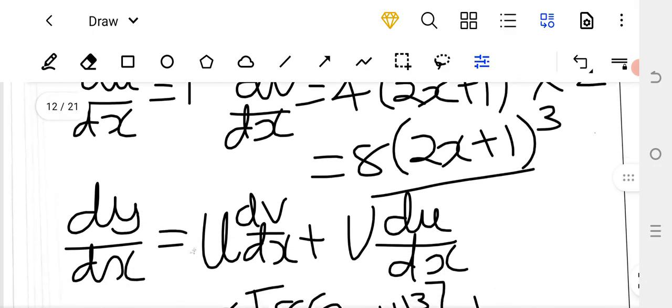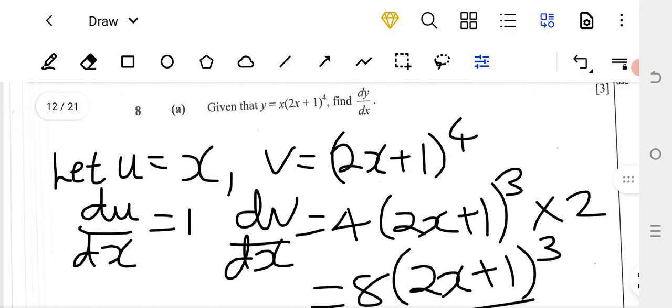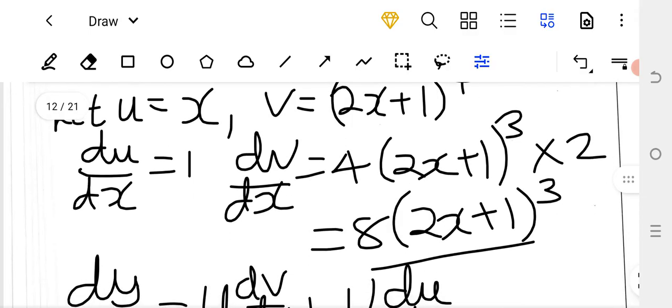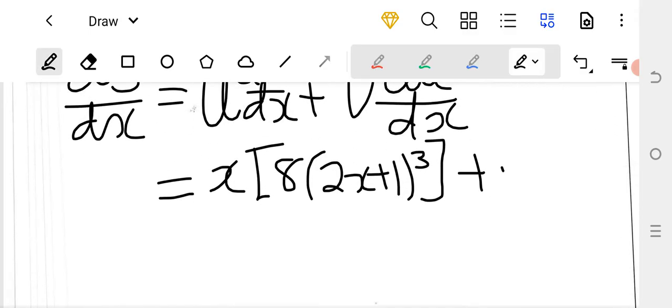To continue, for our v, it's 2x plus 1 raised to the power 4. So it's 1 times (2x plus 1) raised to the power 4.